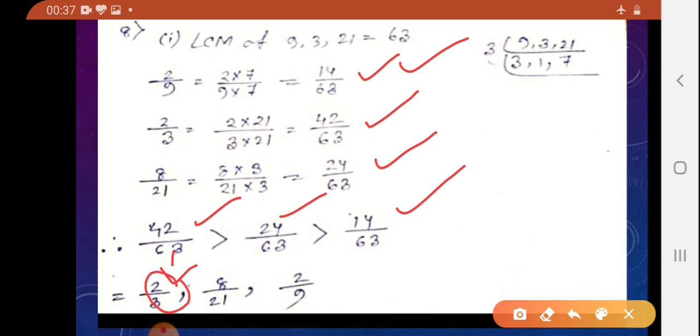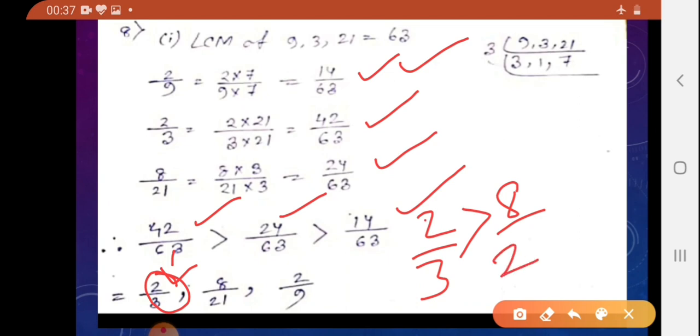So 2 upon 3 is greater than 8 upon 21, which is greater than 2 upon 9. This will be your answer.